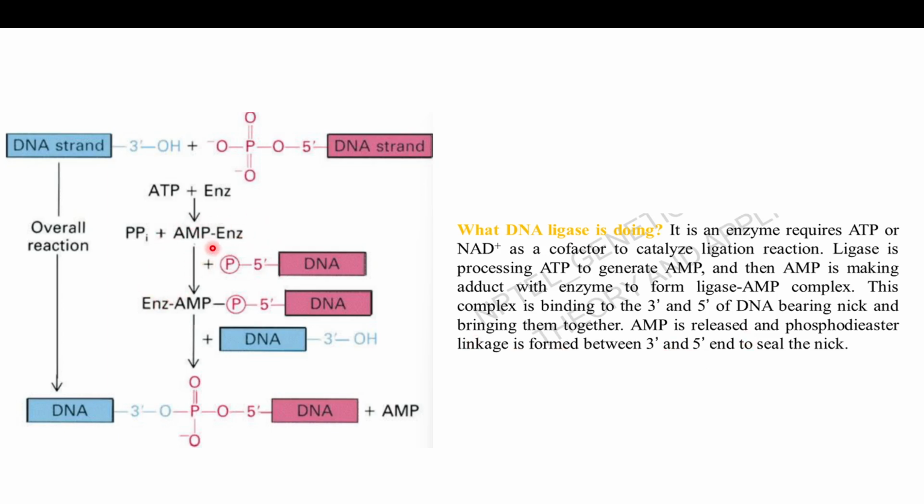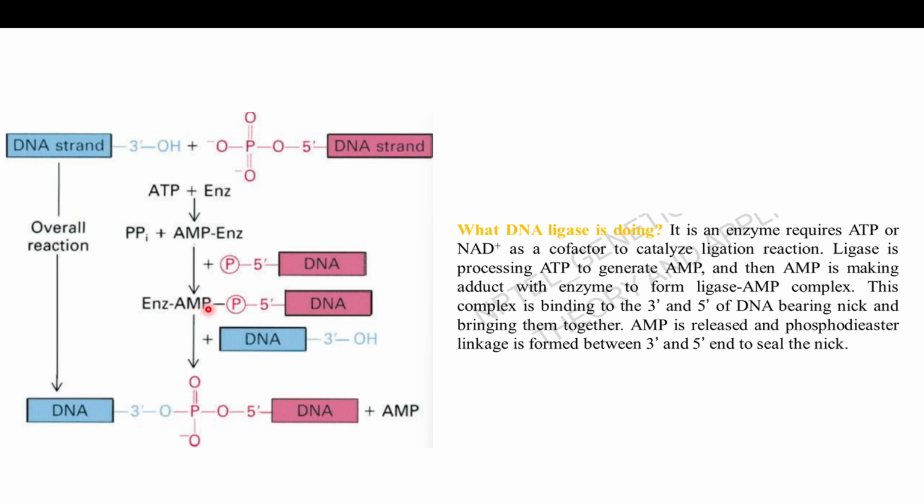Now, this enzyme adduct, the complex, has formed with AMP. The free 5' phosphate-containing DNA fragment is brought in first, and then the DNA fragment containing a free 3' OH comes near it.